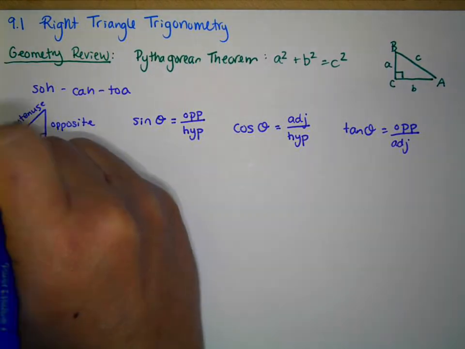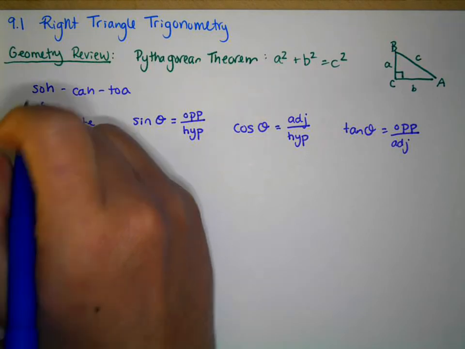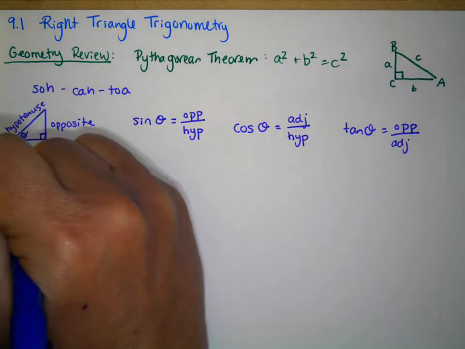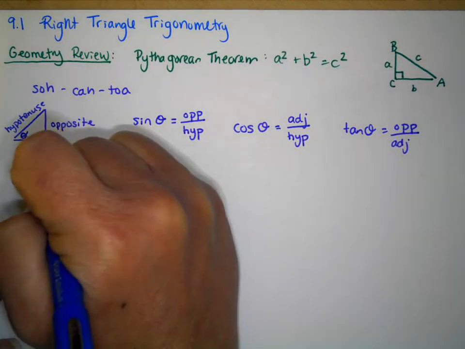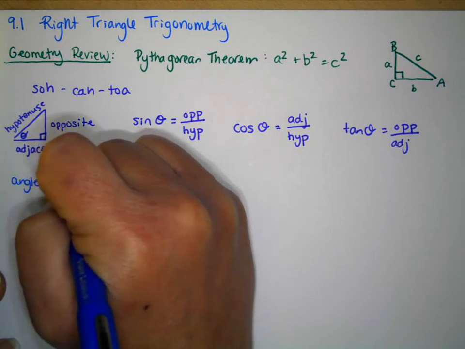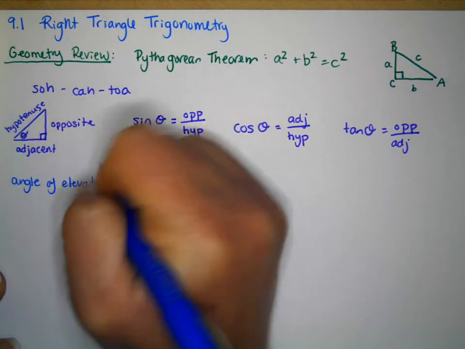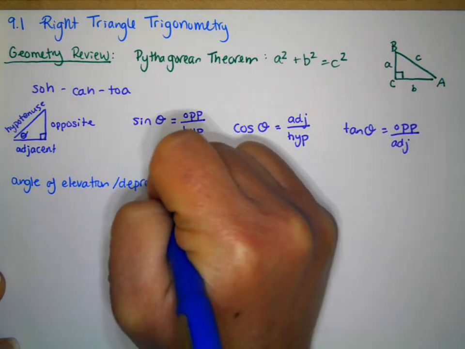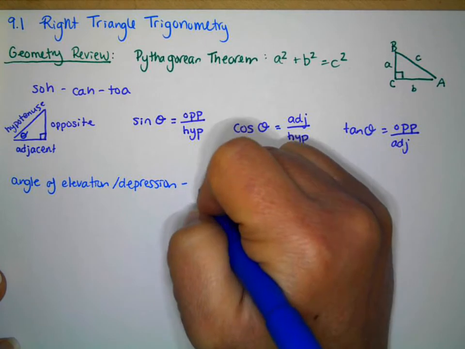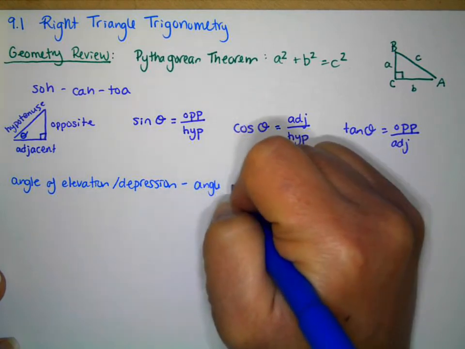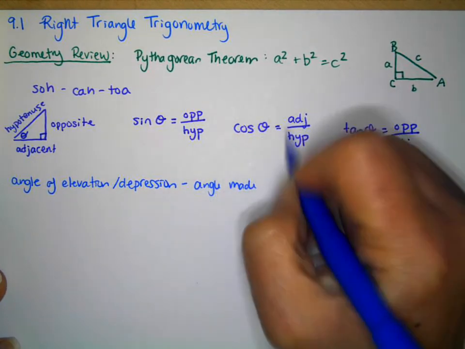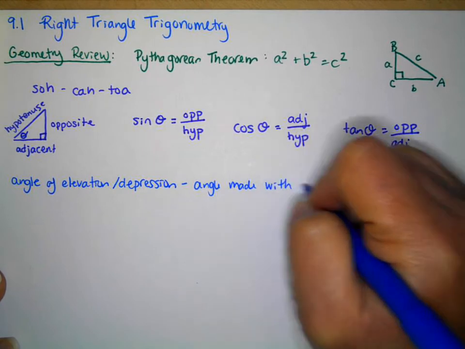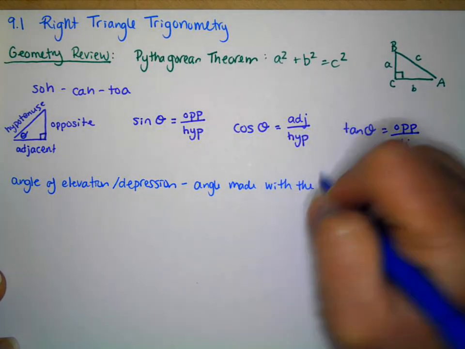The other thing that's going to come up in the geometry review portion of our notes today is that when we're discussing an angle of elevation or an angle of depression, this is the angle that is made with the horizontal side of the triangle.